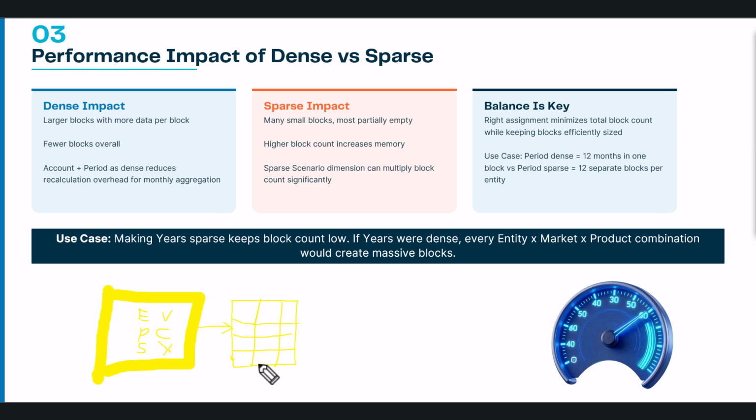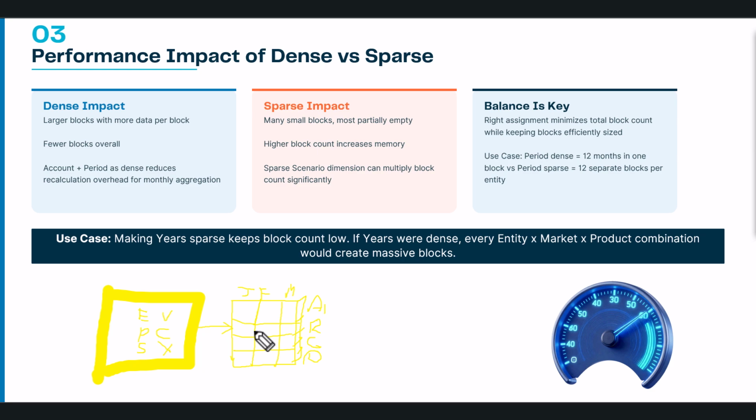So how do these data cells look? This can be Jan, Feb, March. Since it's multi-dimensional, it is like 3D, right? It's not even 3D, it's multi-dimensional. And here you can consider account, that is revenue, COGS, operating expense. So each data block will have all the member combinations of the dense dimensions, right?